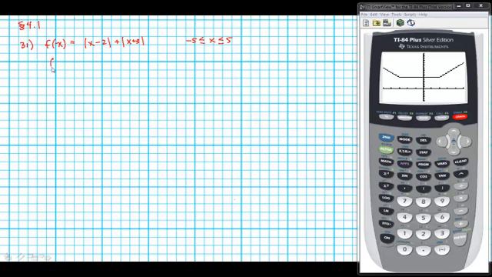We could say f of -5, which is the absolute value of -5 minus 2, plus the absolute value of -5 plus 3, which is equal to the absolute value of -7 plus the absolute value of -2, which is equal to 7 plus 2, or 9. That, again, according to our graph here, looks to be a local max.